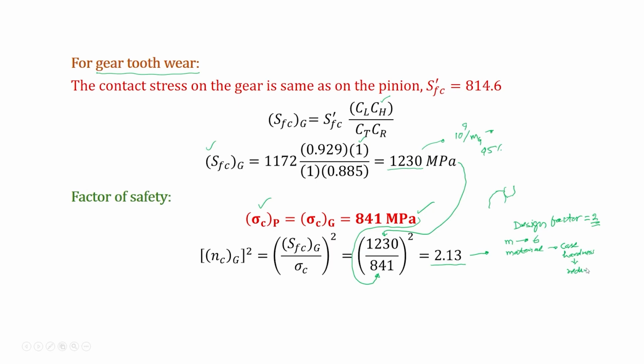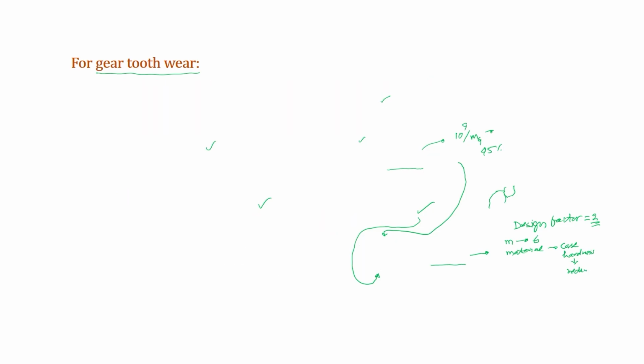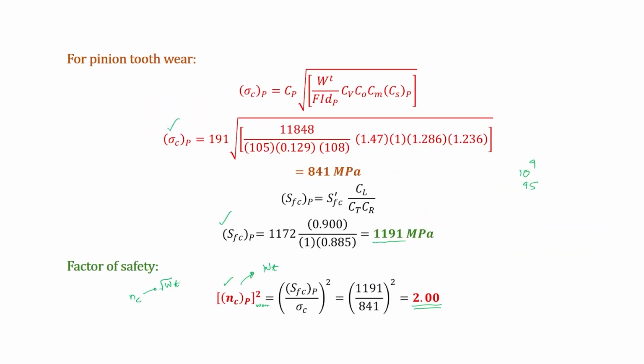Now, let us see the other factors of safety. Under wear, the pinion has attained the factor of safety of 2, but for the gear it is more. So, we may slightly reduce the case hardness of the gear.